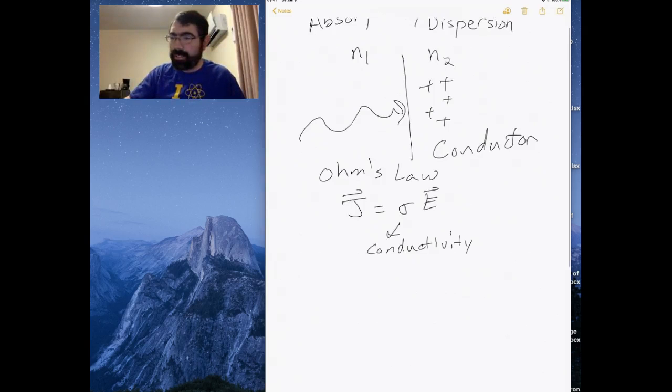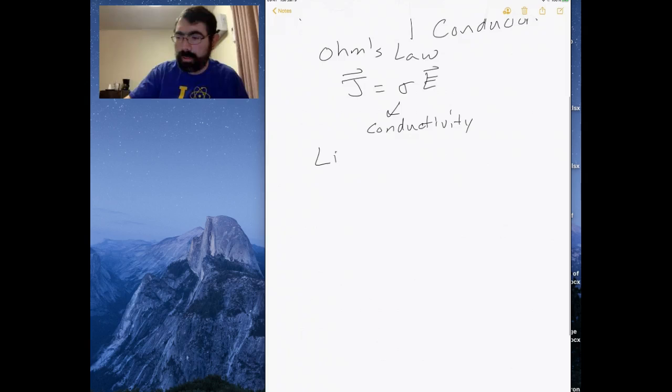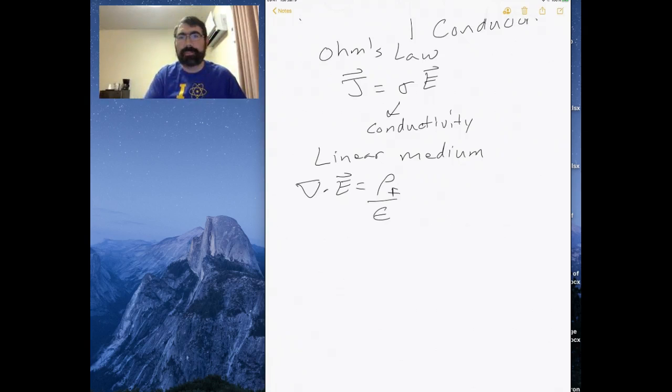So if this is a linear medium, we can write out Maxwell's equations. So this is the free charge density divided by epsilon. So it's not epsilon naught. So this is the permittivity of the medium, of the material, this conductor.